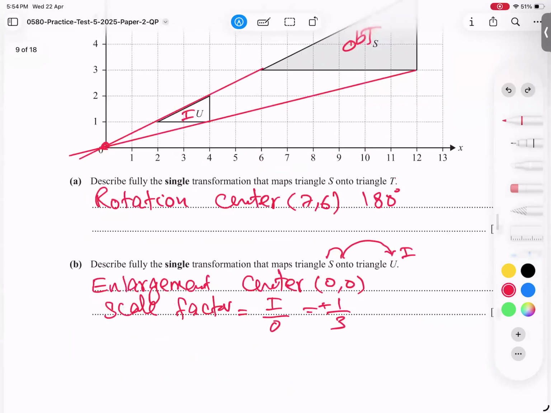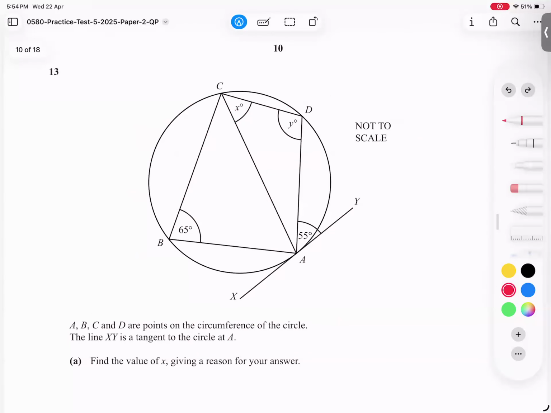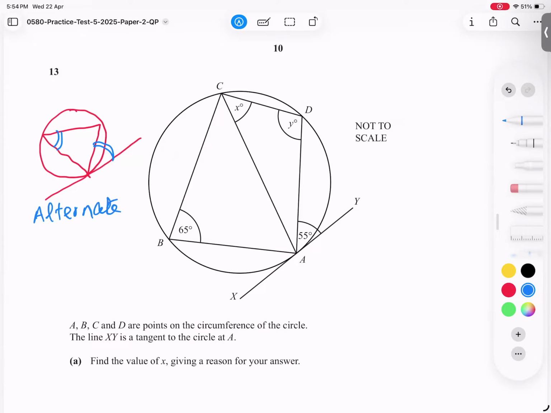Next question is a circle question, and we can see that he's asking the X value. We have a very important property, students. Whenever we have a circle like this, this angle is equal to this one. It's called the alternate segment theorem. So this is a theorem, and this angle is equal to this angle.